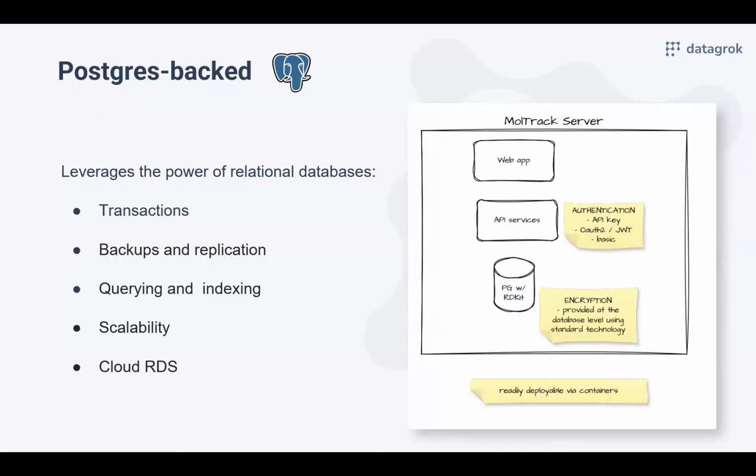It allows fast search across the data, and so on and so forth. In addition, there are options for cloud management. As you see, there are services like AWS RDS that come with out-of-the-box security, backups, and scaling.